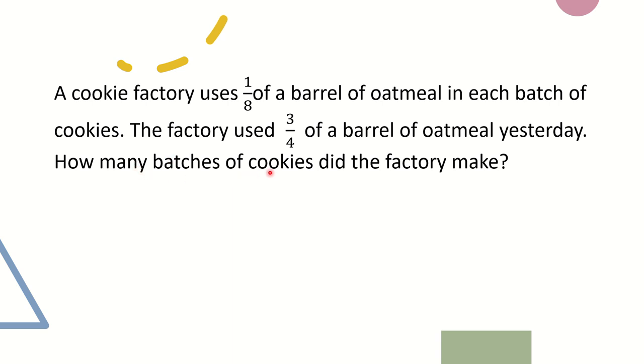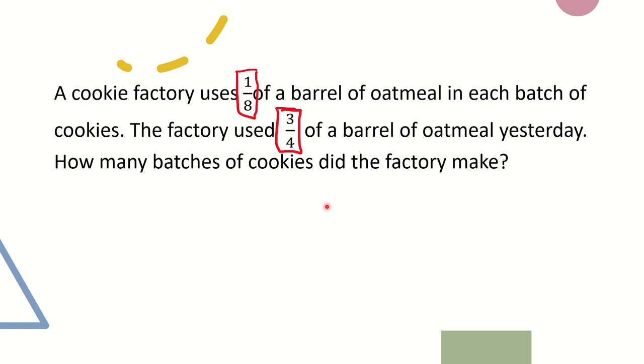How many batches of cookies did the factory make? So first of all, let's box in the important numbers that I need to know. So of course we need to know 1/8 and 3/4.